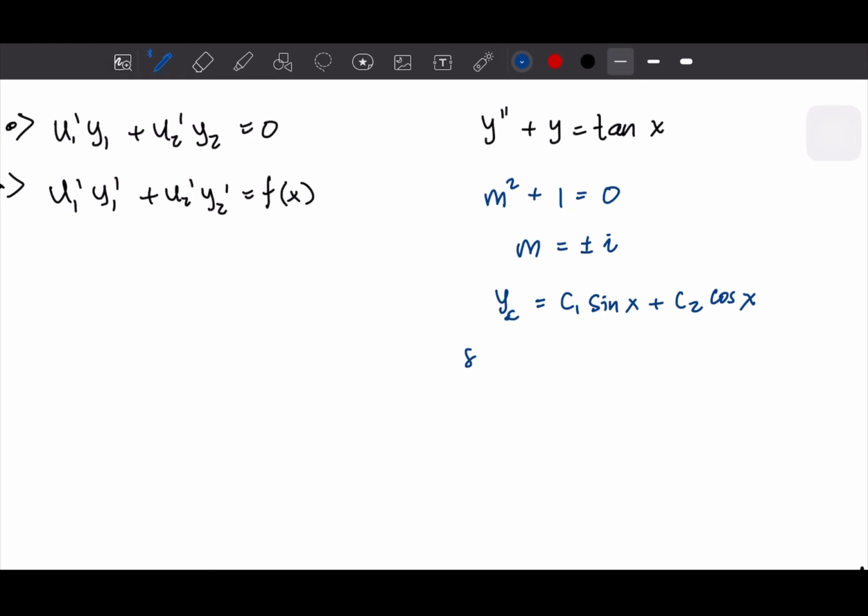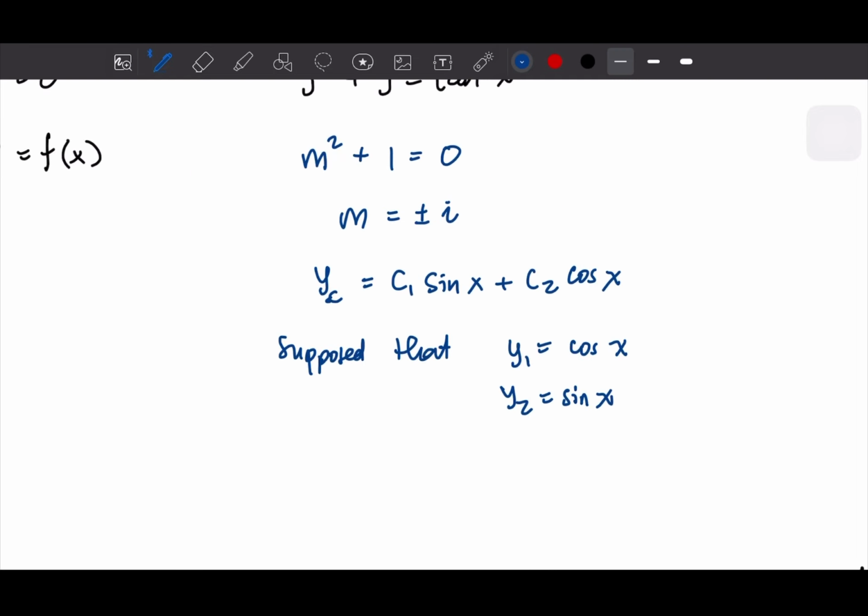And suppose we can try y1 as, let's say, cosine x, and y2 is sine x. And we tried this too, and we make out through our equations.